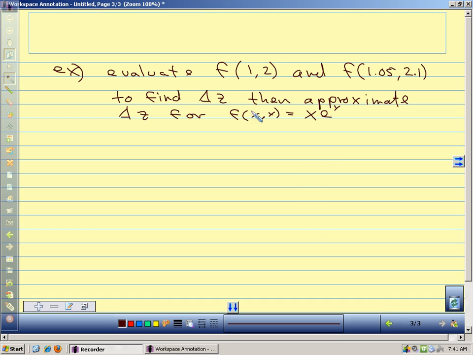So we're going to compare our approximation to actually computing our function.